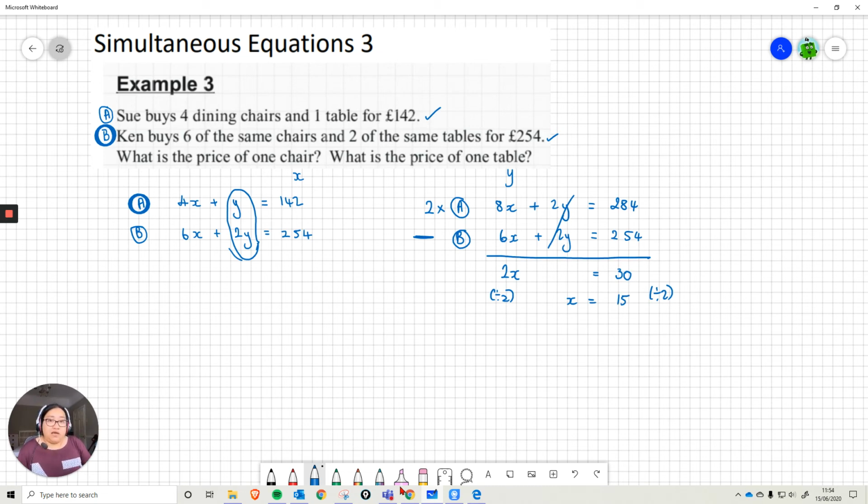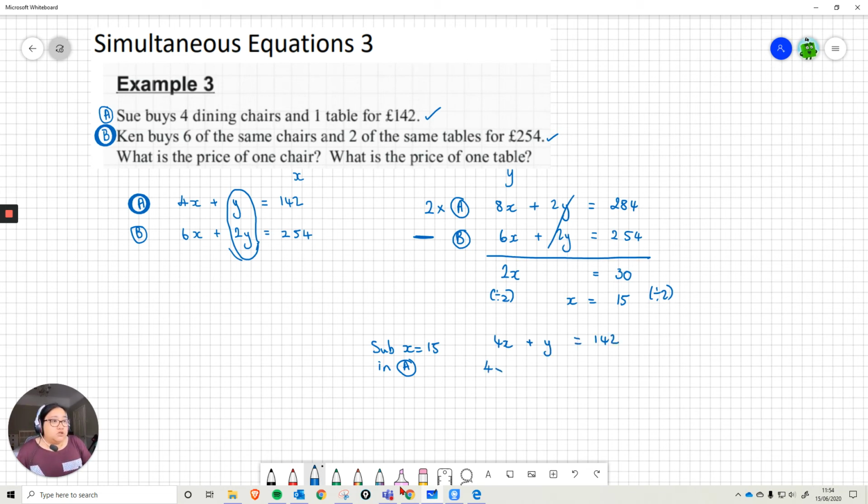Now I've worked out x, I'm going to work out y by substituting. I'm going to substitute x equals 15 into equation A. I've got 4x plus y equals 142.